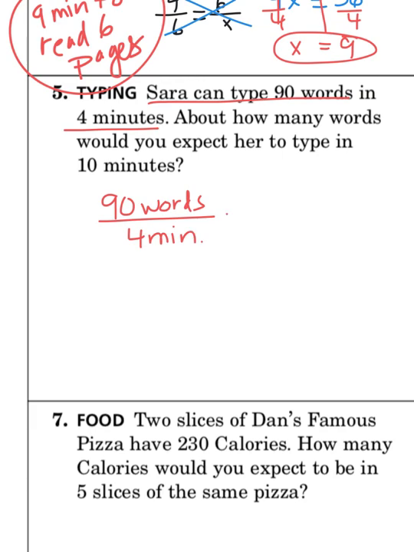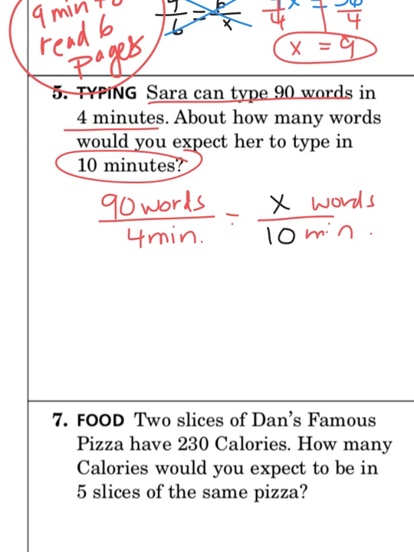That goes together. So words, minutes. How many words would you expect her to type in 10 minutes? 10 is going to go here. X is going to go there. So I have 90 over 4 equals X over 10.